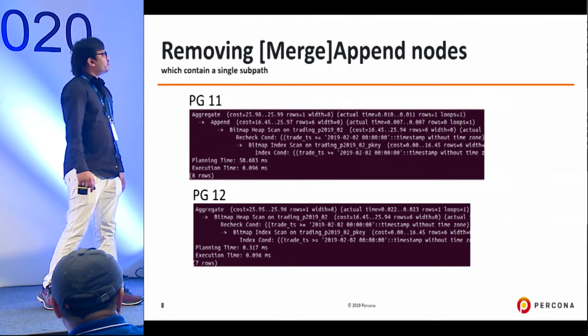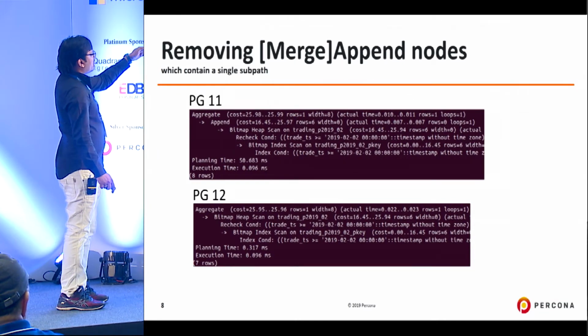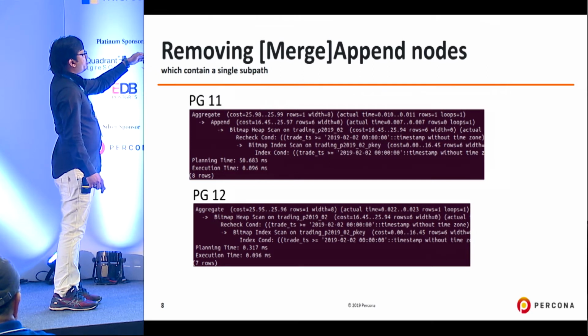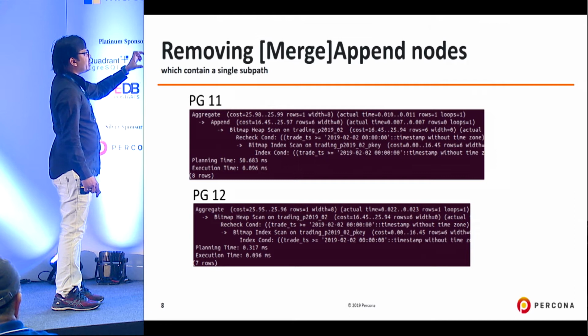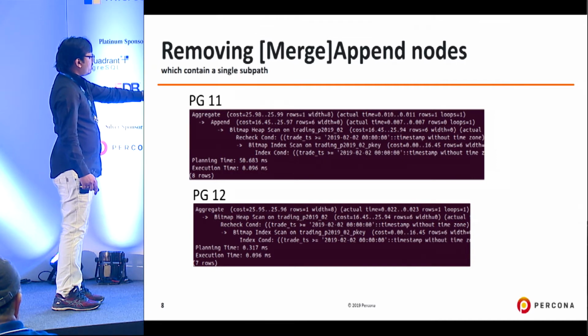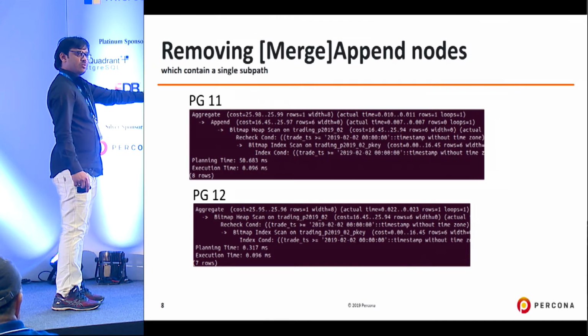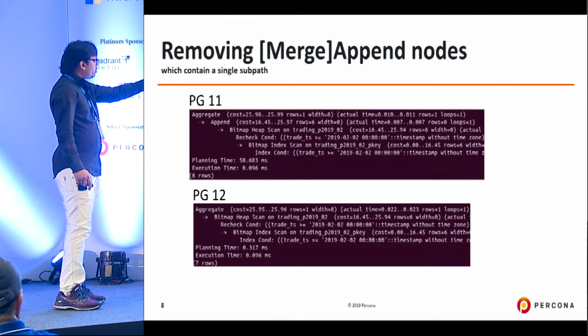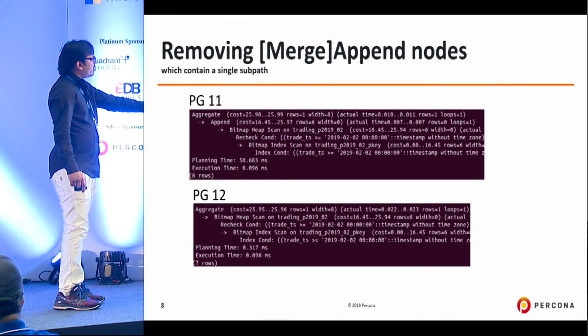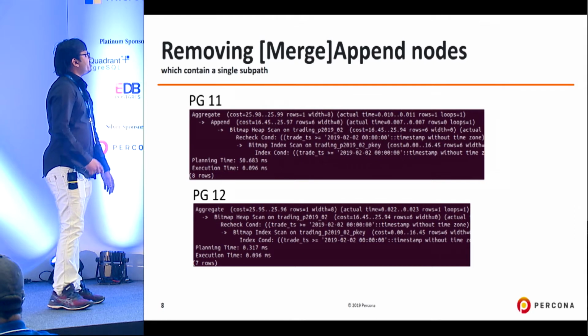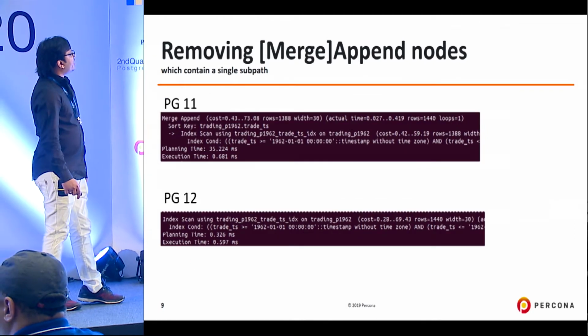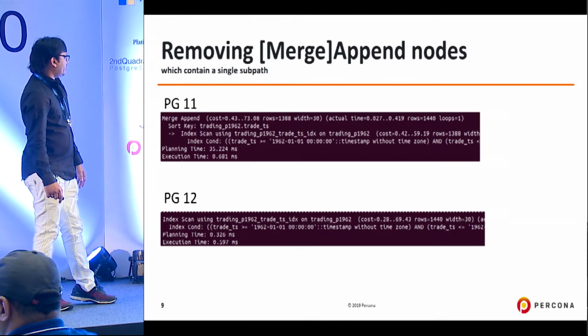Talking about merge append, there was an extra append that used to happen with PG11, especially when you had a single subpath, which is now not needed with PG12. So your planning time improved here as well.